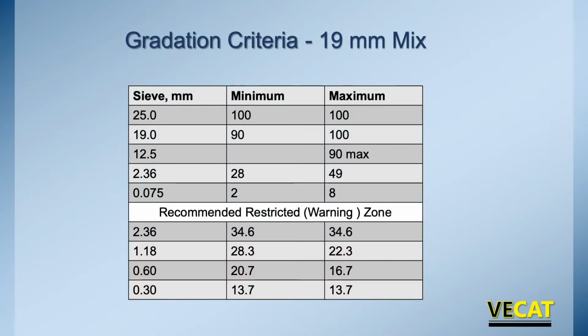So this is a 19 millimeter mix, so an IM 19.0. These are the parameters. We've got 100% passing at the 1 inch, between 90 and 100 on the 3/4, a maximum of 90 on the half, between 28 and 49 on the 8, and between 2 and 8 on the 200 sieve.